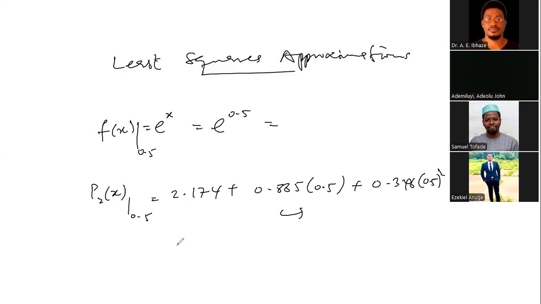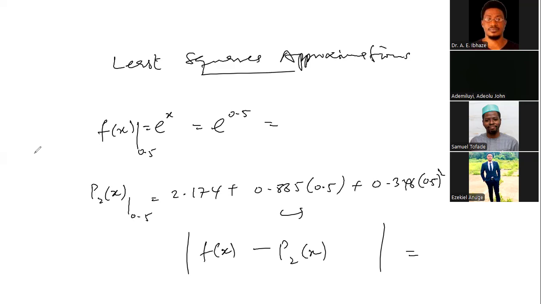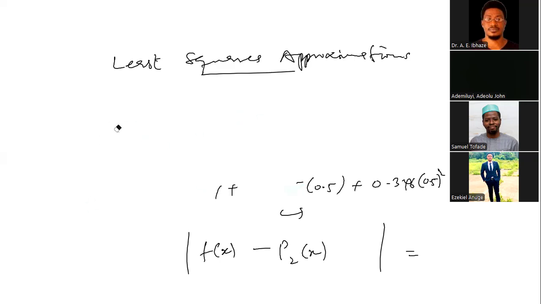Once you do that, you can take the difference between the absolute value and the approximated value. So this will give you the error in the approximation. I think that's fine, right? So you want to run a check. Is that okay?